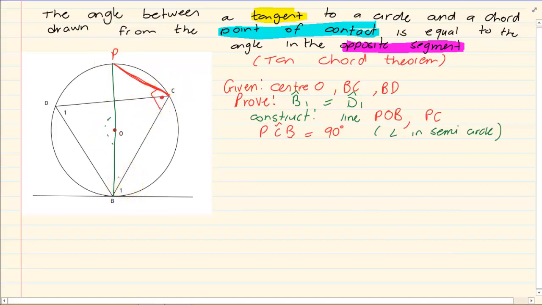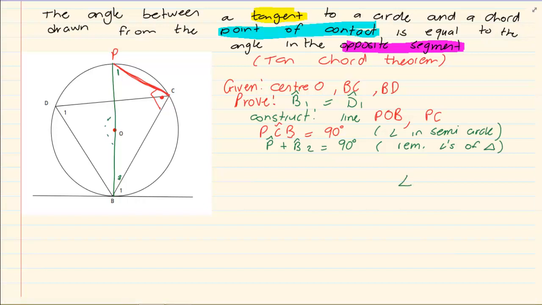Now let's mark this B2 and P1. Now P1 plus B2 is going to equal 90 degrees. The reason, it's the remaining angles of a triangle. You'll see this symbol that goes like this refers to angle.